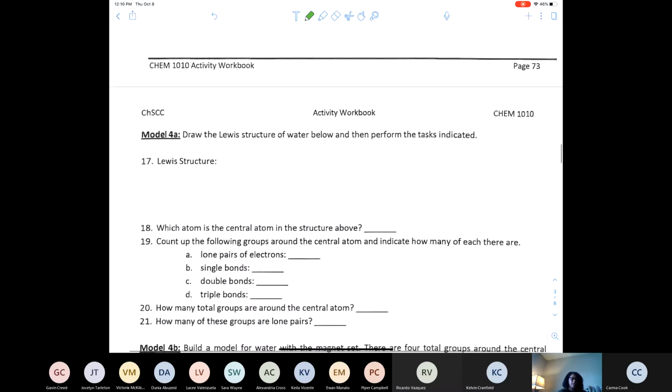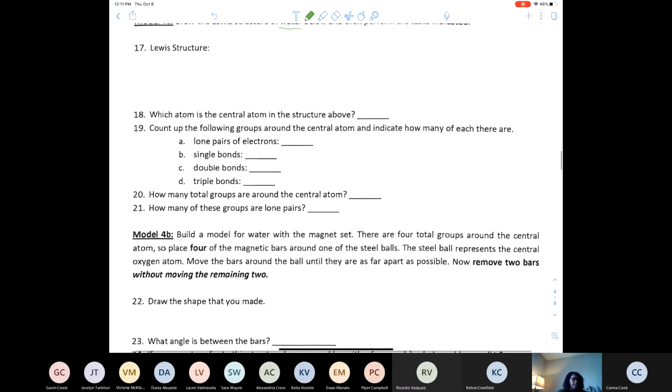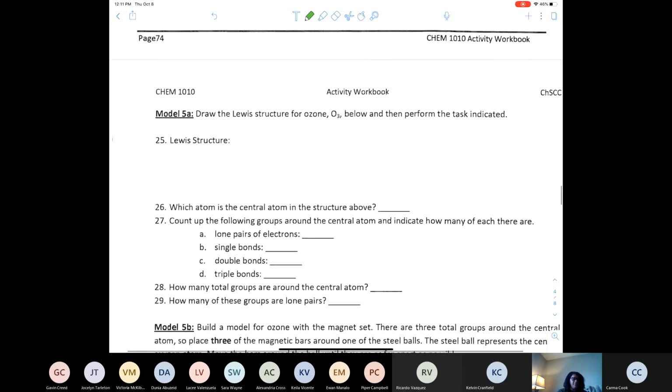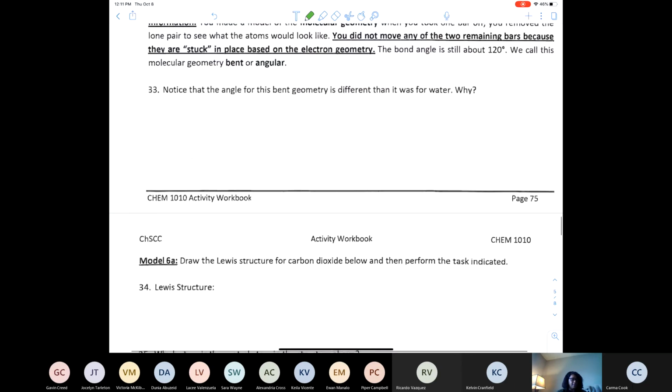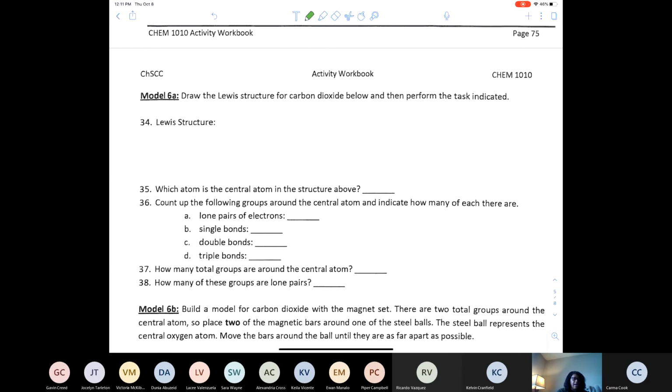Model 4, you're going to be doing the Lewis structure for water. And do parts A and B, just like we've been doing. Model 5, ozone. We've been talking a lot about ozone in lecture this week. And then finally, Model 6, carbon dioxide.